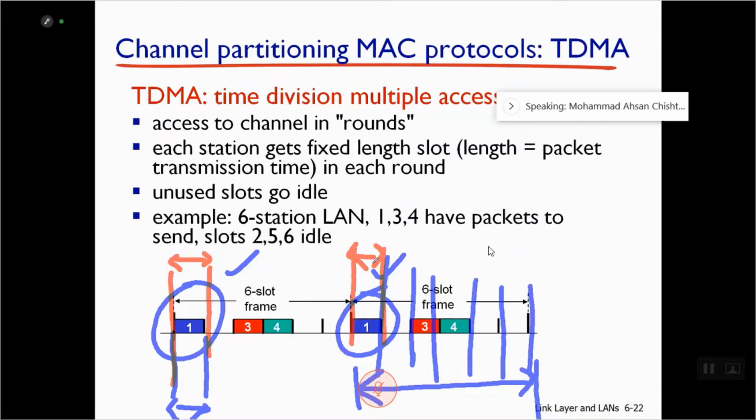There would be synchronization, and then one would get a chance in the next time frame and the next time frame and so on. So it eliminates collision. Everybody gets a chance. It's fair. But if we see, during that time slot when one is transmitting, the data rate at which it would be transmitting would be R by N, where N is the number of nodes and R is the transmission rate of the channel.